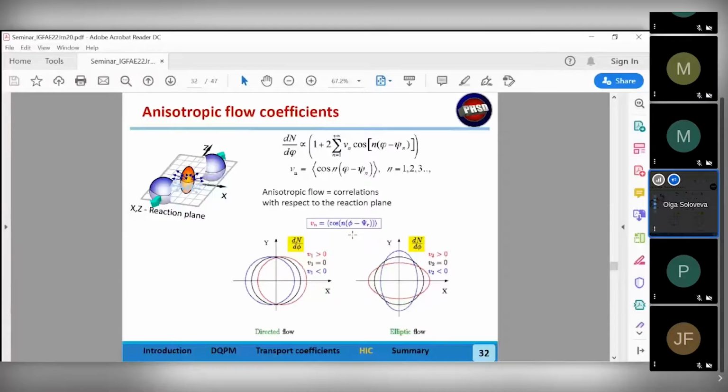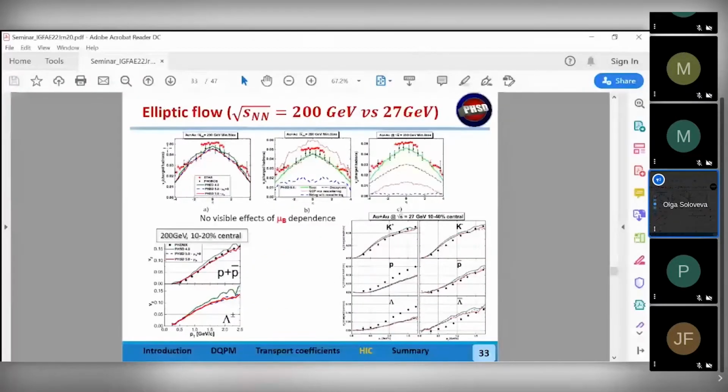And here I showed you the flow coefficient depending on pseudo-rapidity for different versions of PHSD 4.5. And you can see it is the same observation, that here only the dependence on angular distributions shows up, and you cannot see actually the MIB dependence.